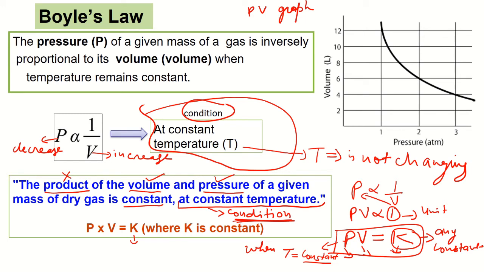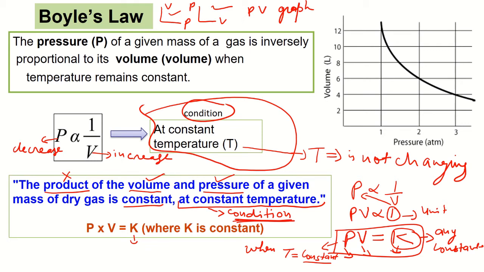In the PV graph, I would like to tell you one thing. This kind of graph we can make like this. I can take the pressure here and the volume here, or I can take the volume here and the pressure here. Both graphs are correct. There is no harm in taking any parameter on any axis.